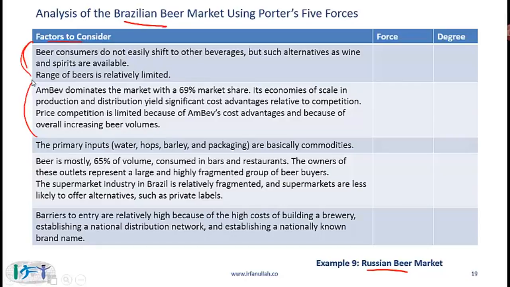Take each of these, figure out what force is being talked about, and the strength of that force. Is that force high, medium, low? Because that then can help you determine the pricing power. And one point that I'll emphasize over here, generally Porter's 5 forces is done in the context of an industry. But what this reading is doing is also then taking it in the context of a major company in the industry.